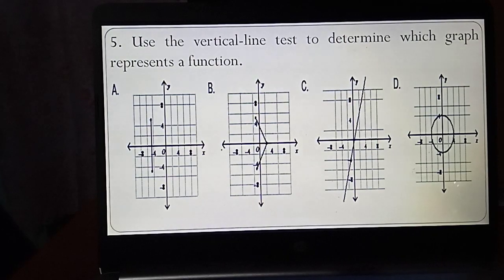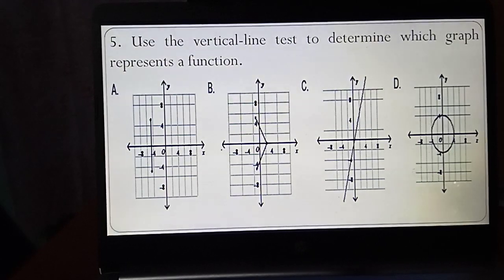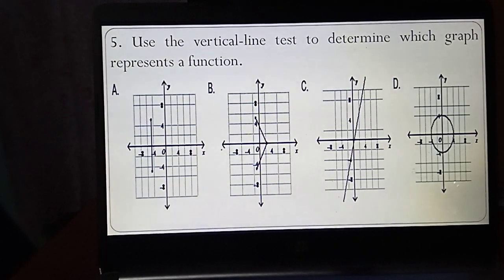For letter A, if we draw a vertical line, there are many points of intersection between the graph and the vertical line.